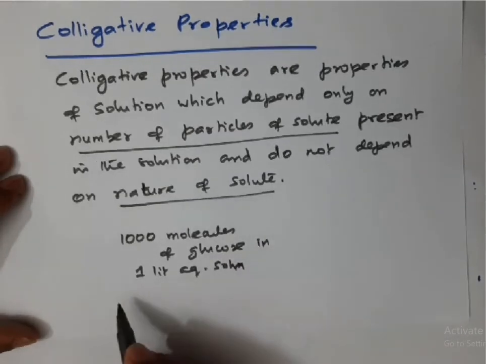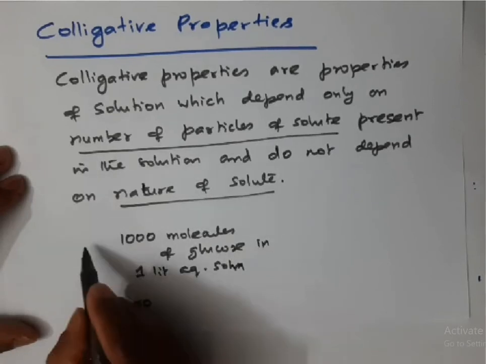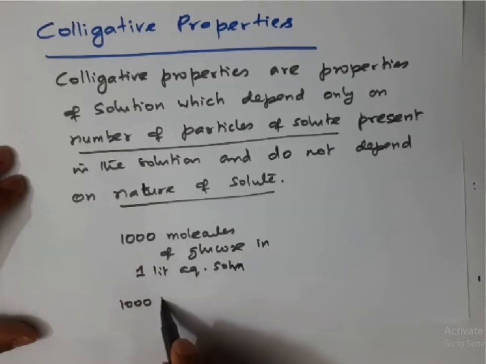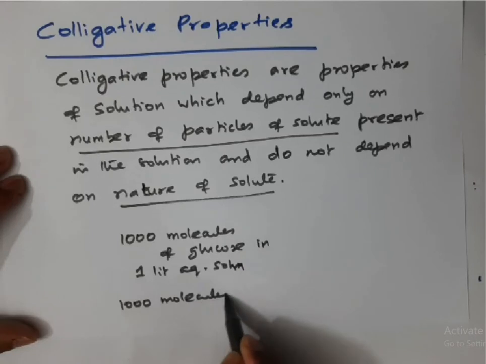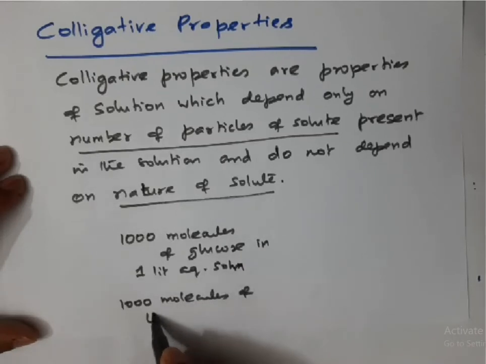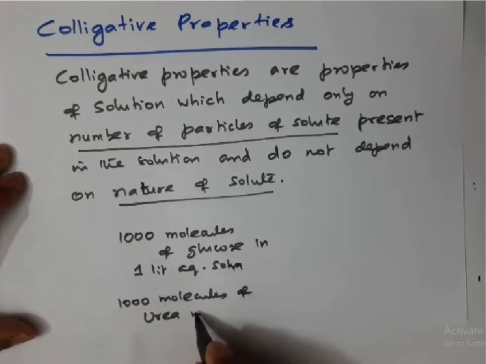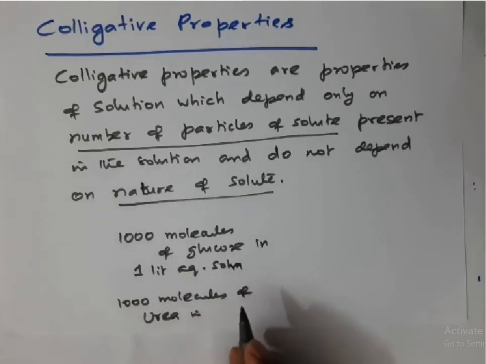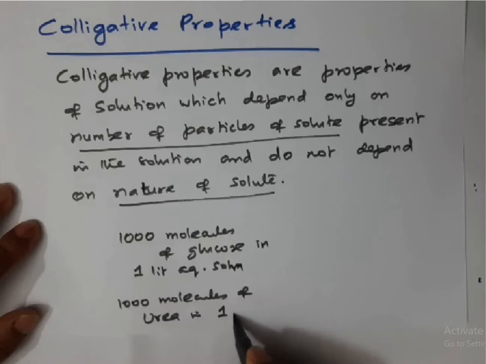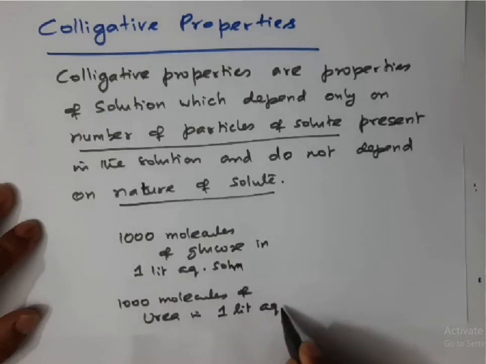Similarly, just for understanding purposes, I take 1000 molecules of urea, which is also a non-electrolyte, in 1 liter of aqueous solution. Students, observe this carefully.